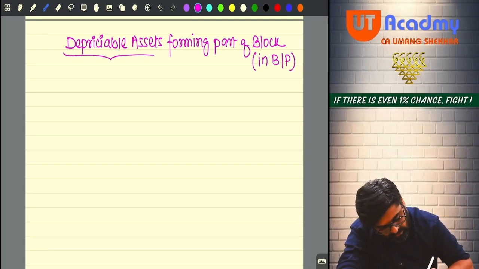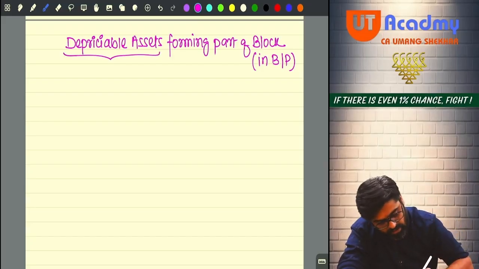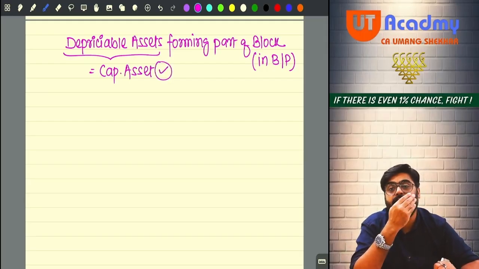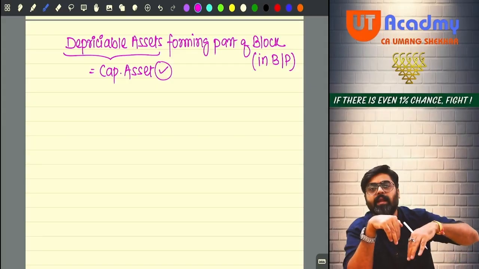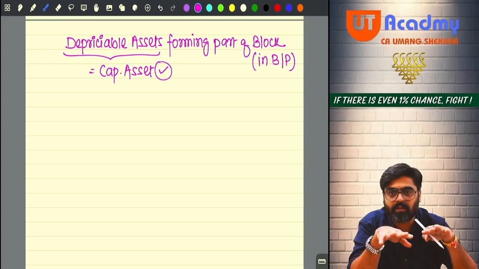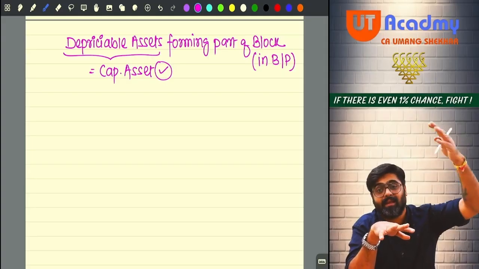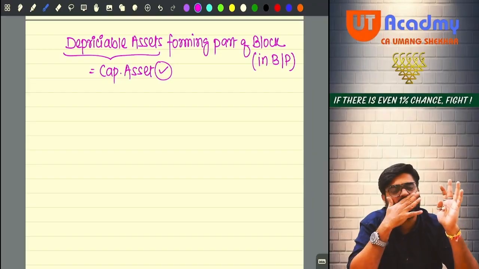Can I say these depreciable assets which are used in my business, which are there in the block, are my capital asset only? They are your capital asset only. But their entire cost is claimed as a deduction under the head PGBP in the form of depreciation. So we don't bring these assets to the capital gain head. Whenever the sale happens, whenever their transfer happens, everything gets adjusted in the block, in the PGBP head only. And the calculation and everything we have already seen.